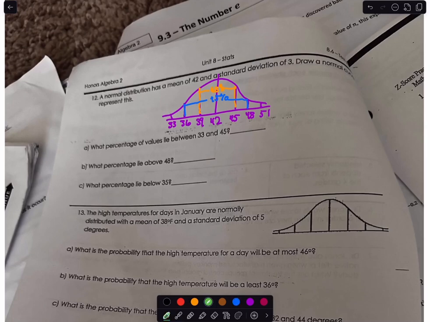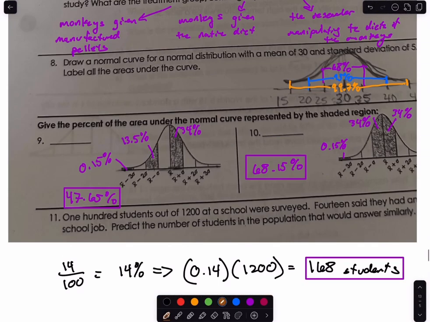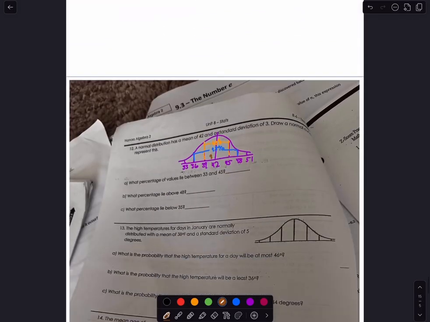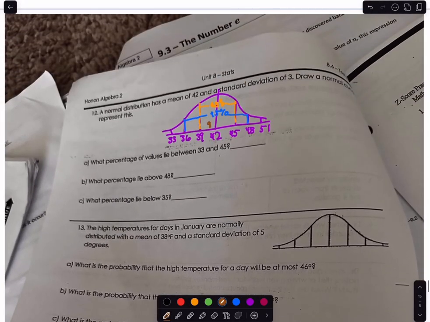And then we'll do this one, 99.7%. That's not clear. Let's choose a different color. Was it 99 or 97? Yeah, 99.7% is 3 standard deviations away.